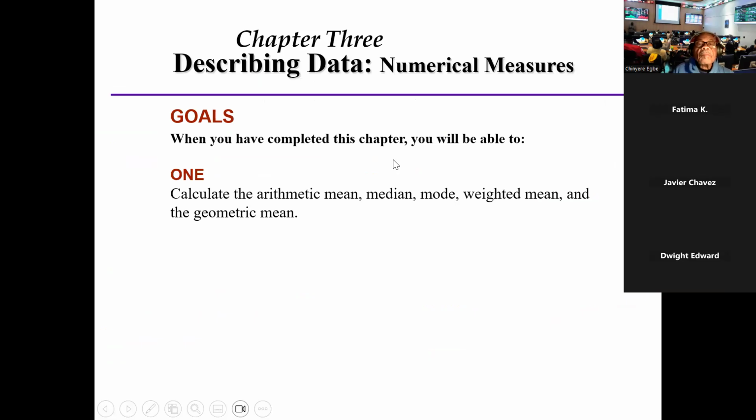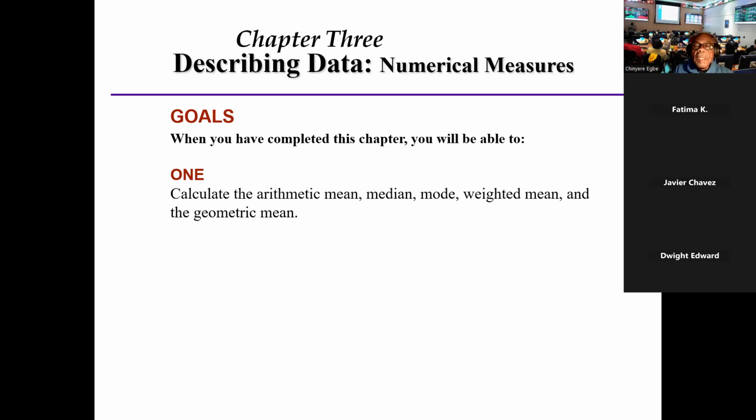Now, we describe data through numerical measures, okay? And so we have what we call the arithmetic mean, we have the median, we have the mode, okay? The mean, the median, and the mode are called measures of location.